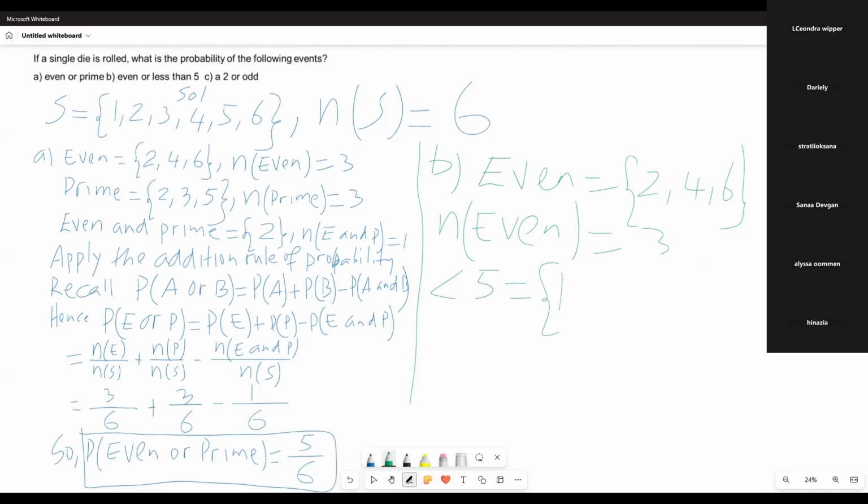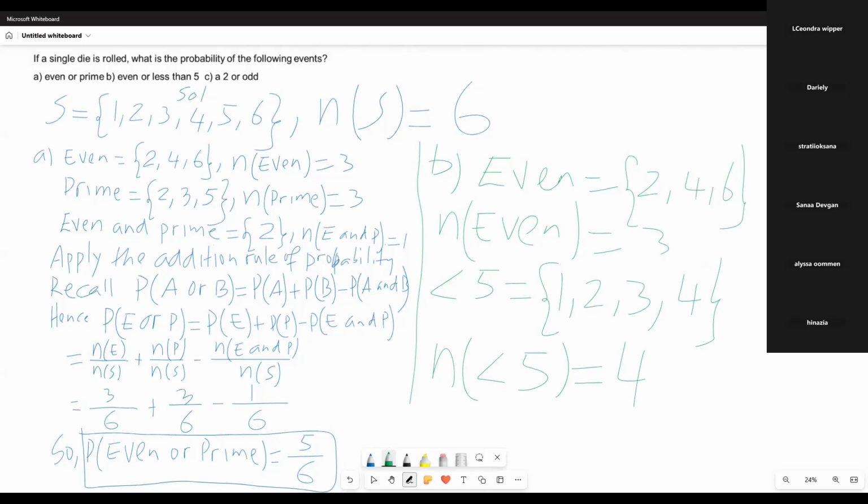So that will be 1, 2, 3, 4. So n of less than 5, we got 4 outcomes. Right?